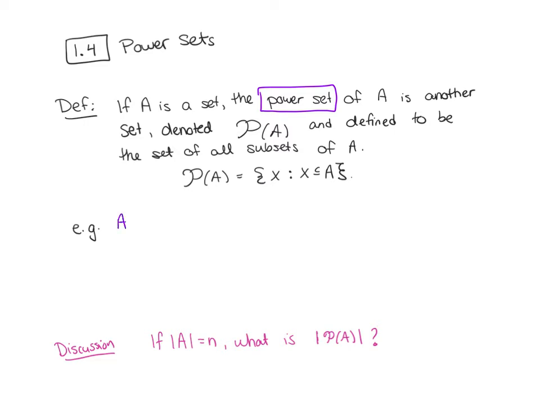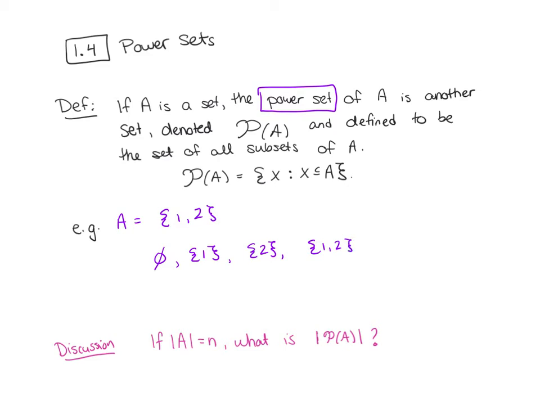So let's say maybe that my A only has two elements, 1 and 2. So I can think about all of the subsets. We know that the empty set is a subset of every set. I could have the set containing 1. I could have the set containing 2. Or I can have both 1 and 2.